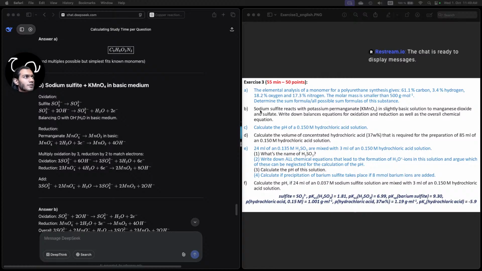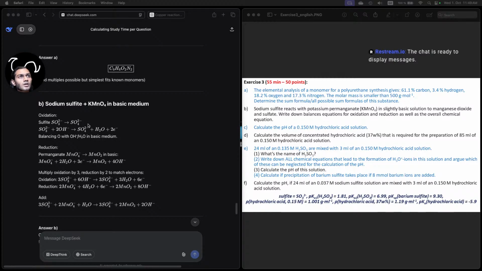Sodium sulfide reacts with potassium permanganate. I don't know the reaction. Oxidation: sulfite, SO3 2 minus to SO4 2 minus. SO3 2 minus plus 2OH minus, balancing O with OH minus and H2O in basic medium.